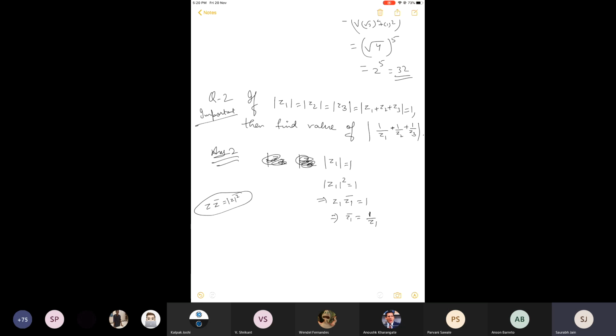Now repeat this process for mod Z2 equal to 1 as well as mod Z3 equal to 1. Square both sides, use the property, write Z2 bar as 1 by Z2. Similarly, Z3 bar is 1 by Z3 because its modulus is also equal to 1.